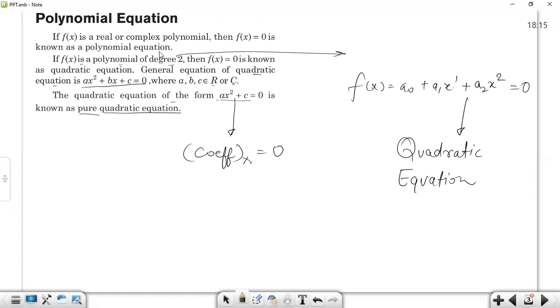The polynomial of degree 2 is this, and if it equates to 0, it is known as a quadratic equation. Here the highest power is 2, and there are three terms, with an x term also. If the coefficient of x becomes 0, it is known as a pure quadratic equation. Clear till now?